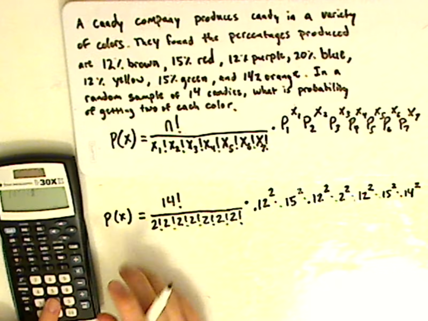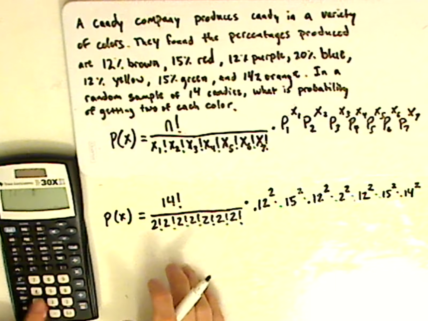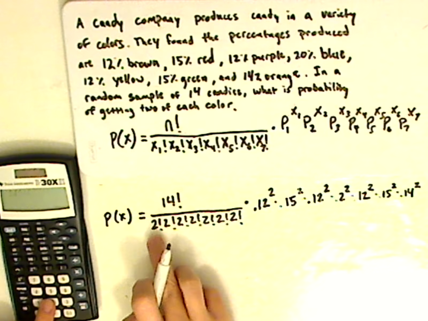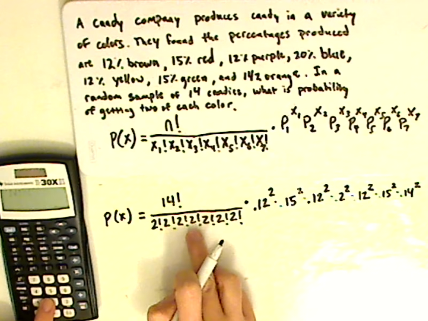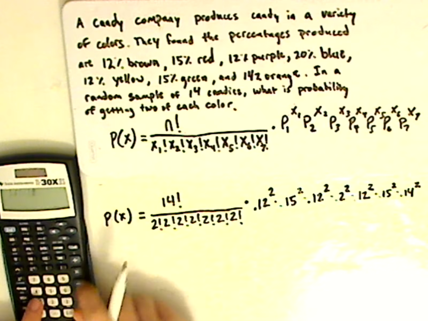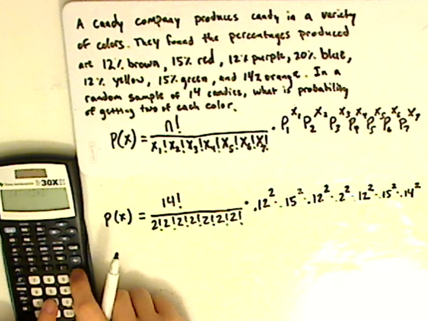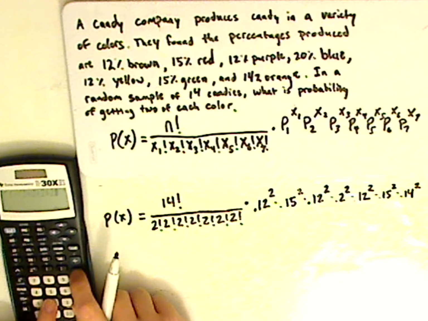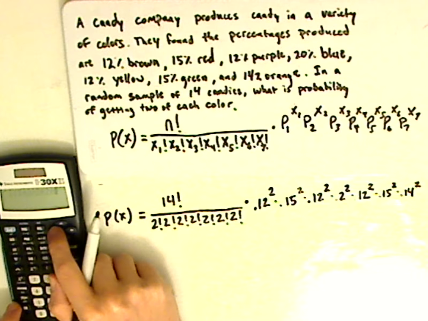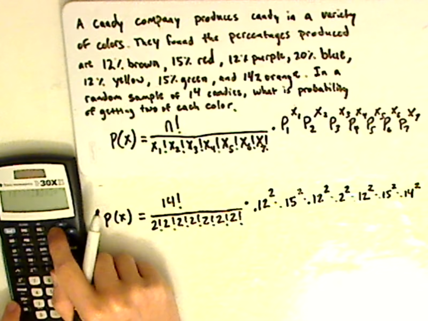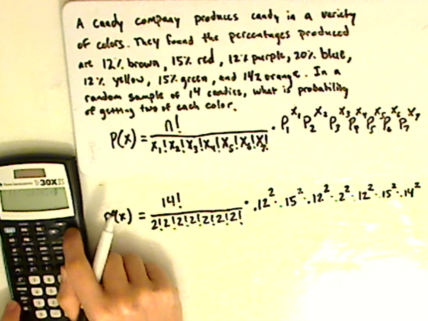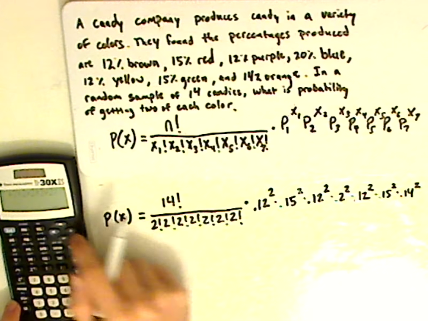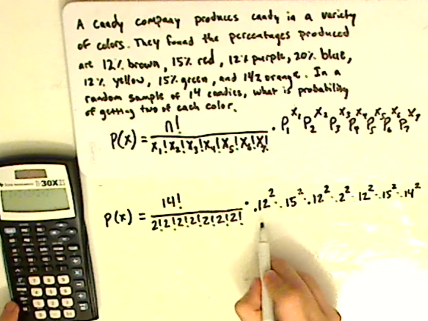Now 2 factorial is just 2 times 1. So this would just be 2 times 2 times 2 times 2 times 2 times 2 times 2. There should be 7 of those. I'm just going to double check: 1, 2, 3, 4, 5, 6, 7. Close parentheses.